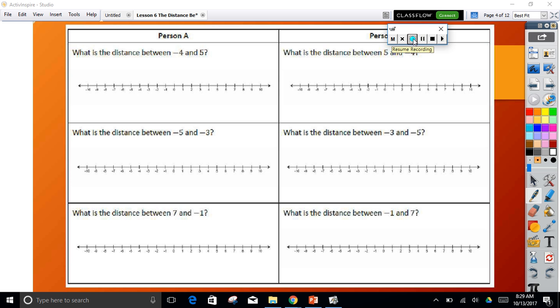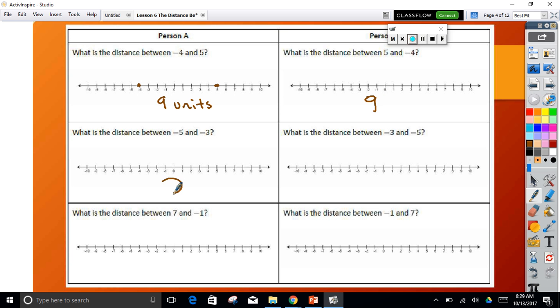Okay, so the distance between -4 and 5, if we put a point on -4 and 5, we find that those points are 9 units apart. Person B, tell me what's the distance between 5 and -4, Grace? 9 units. Okay, also 9 units. Person A, tell me what's the distance between -5 and -3, Irene? 2 units.